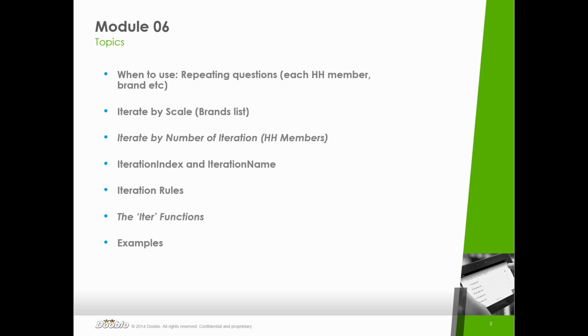One holds the iteration index, a number, while the other holds the iteration name, which is relevant when iterating on scale items. If the iteration is on, for example, the second brand in a list, and the brand is Coca-Cola, then the iteration index within the iteration will be 2, while the iteration name will hold Coca-Cola.